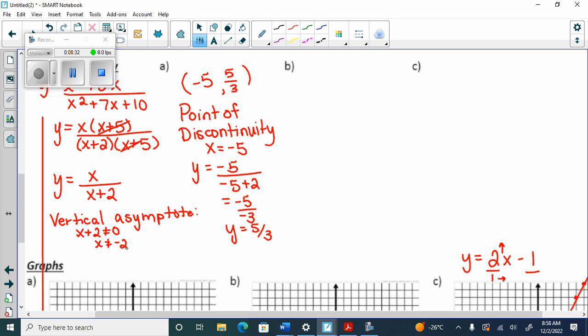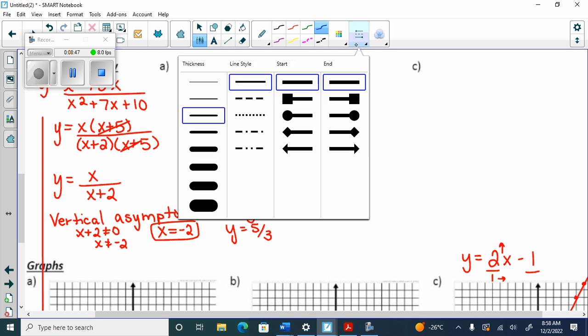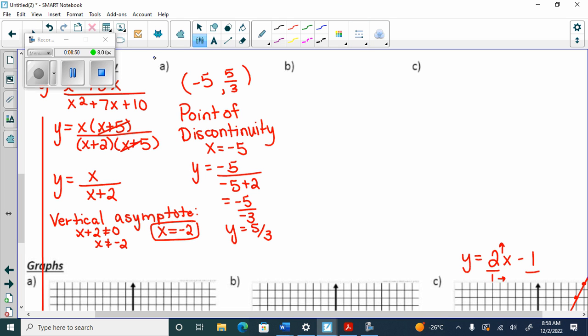But what is the actual asymptote? x equals negative 2, because it's where it exists. For the horizontal asymptote, we use the rules. If the degree of the numerator is the same degree as the denominator, which this one happens to be, degree 1, we take the leading coefficients and make a fraction. So it's 1 over 1. So my horizontal asymptote's where?